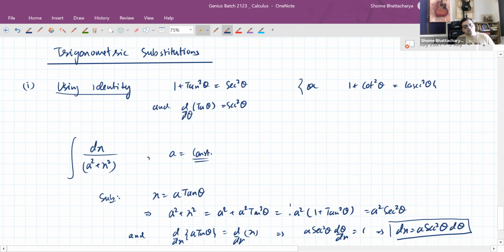Okay, and this term can be substituted in the integration.